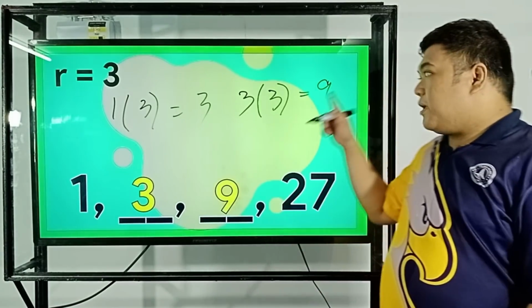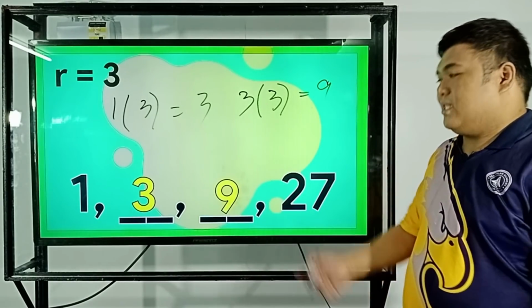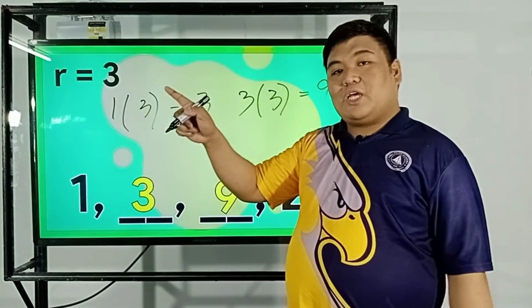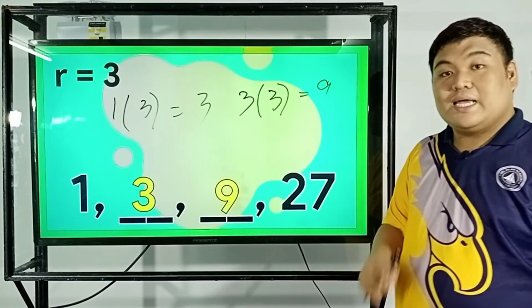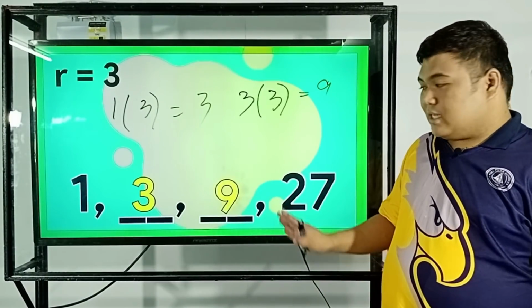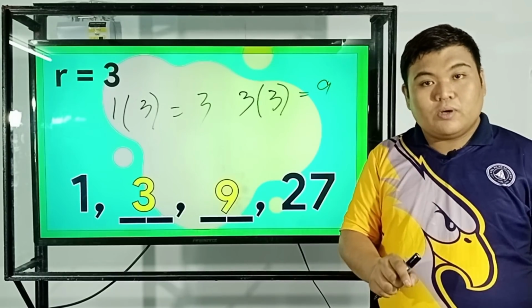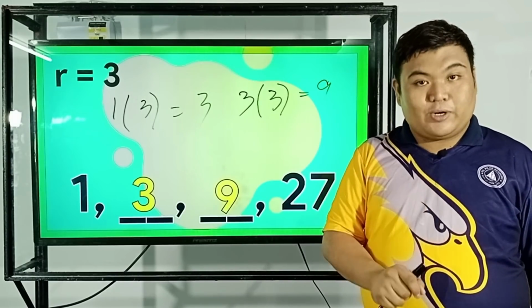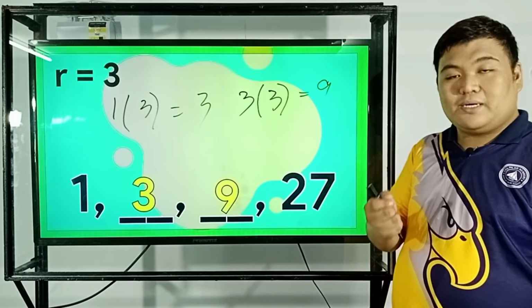And 9 times 3 is 27. So that means tama yung sagot natin. Again, the common ratio natin ay 3 and the two missing terms are 3 and 9. Again, grade 10, there is a discussion board after this video na pwede niyong paglagyan ng tanong para po masasagot natin yung tanong. Okay po?